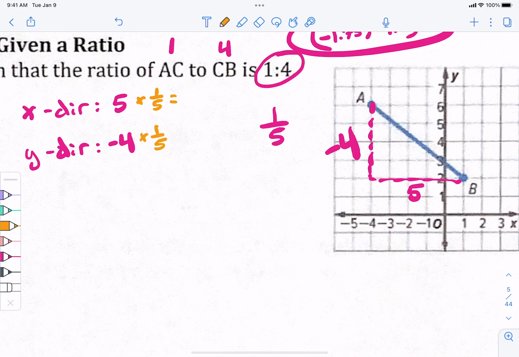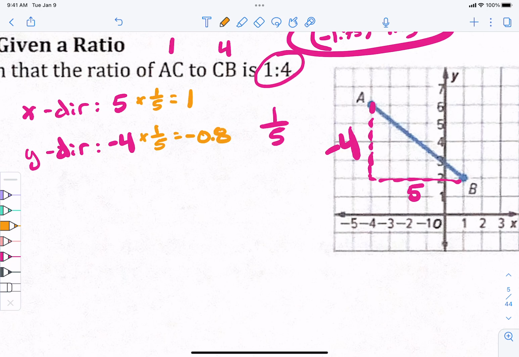What's a fifth of 5? 1. What's a fifth of 4? Negative. What's 4 times a fifth? 4/5, which is 0.8.